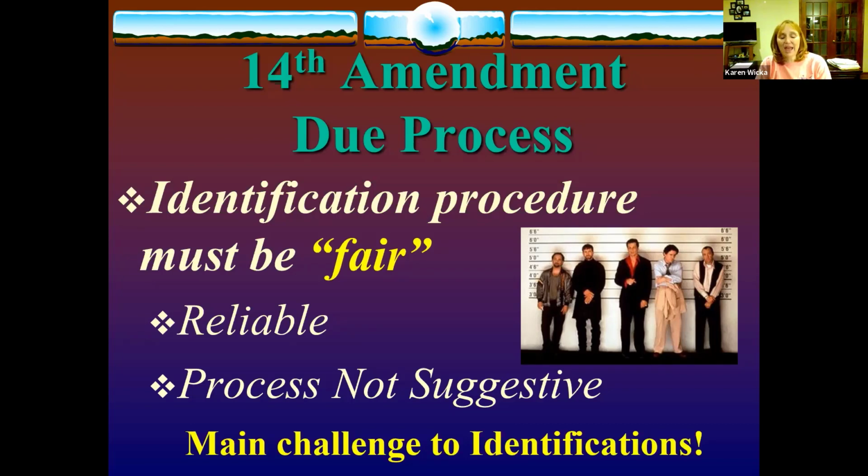These tend to be the main challenges that you see to the identification evidence being used at court. So if a witness makes an identification, then you're going to take that to court and say, jury, look, this witness identified this person. But we're only going to allow that person to testify to that at court if we can convince the judge that the identification process was reliable and not suggestive.